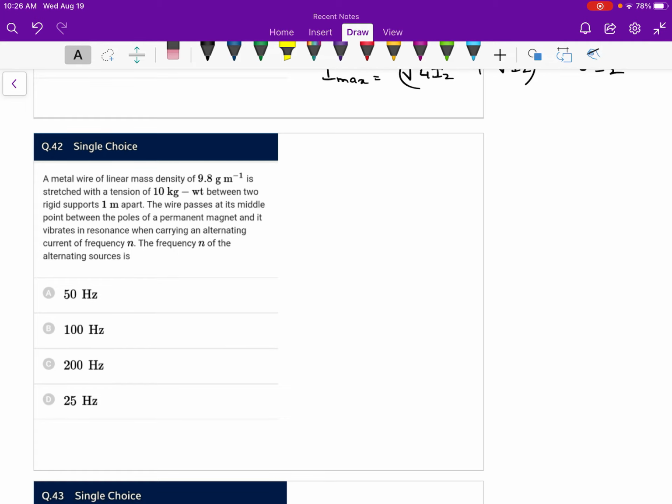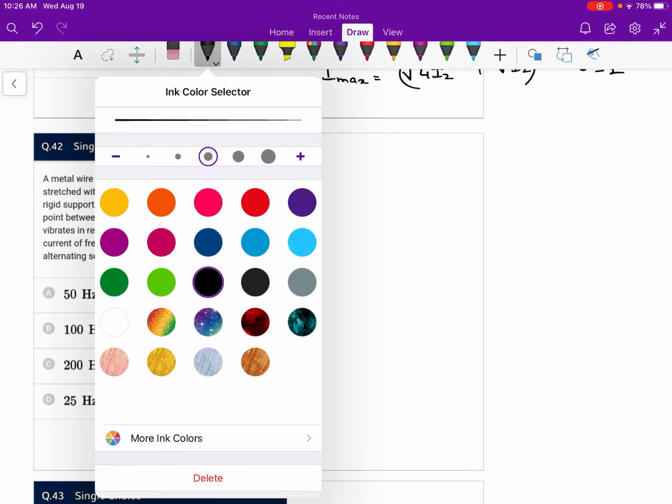A metal wire of mass density this, tension this, between two supports 1 meter apart. The wire passes at its middle point between the poles of a permanent magnet, and it vibrates in resonance with it when carrying an alternating current of frequency n. Okay, so since the wire is in resonance with the current, the frequency of the current should be the same as the fundamental frequency of the wire.